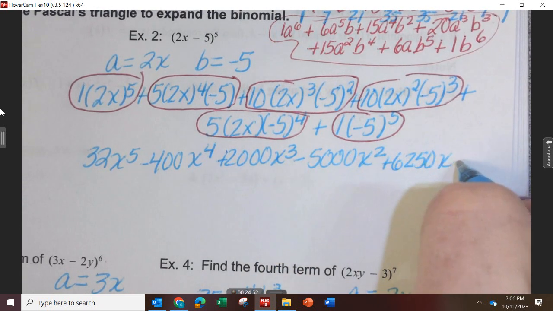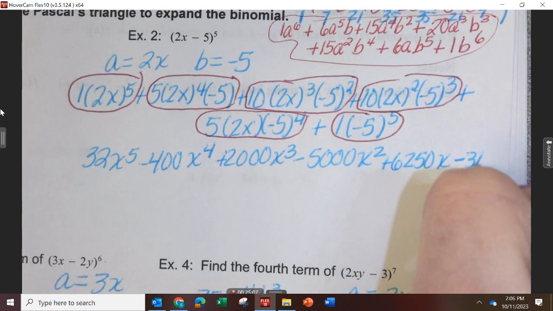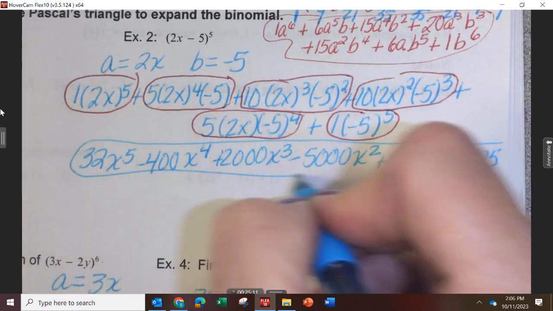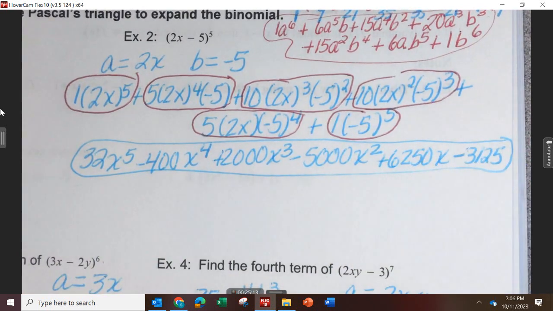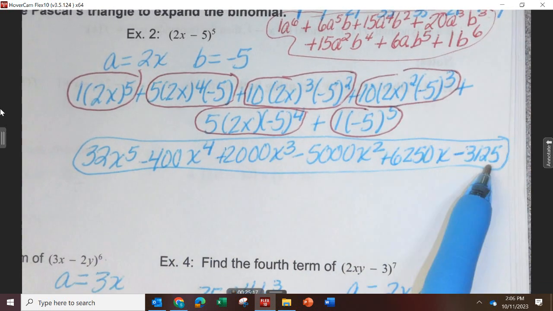And negative 5 to the 5th, I do not know that one. Anybody know it? Or have it? Okay. So 3125. And we have got it.